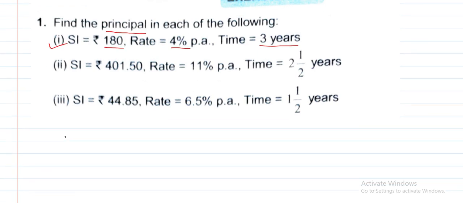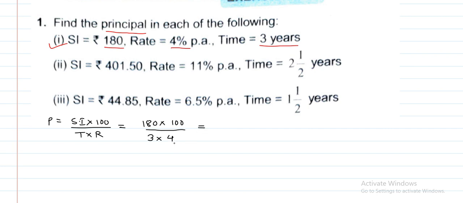What is the formula of principal? We know that principal is equal to SI into 100 by time into rate. SI is rupees 180, into 100, by time 3 years and rate 4%.